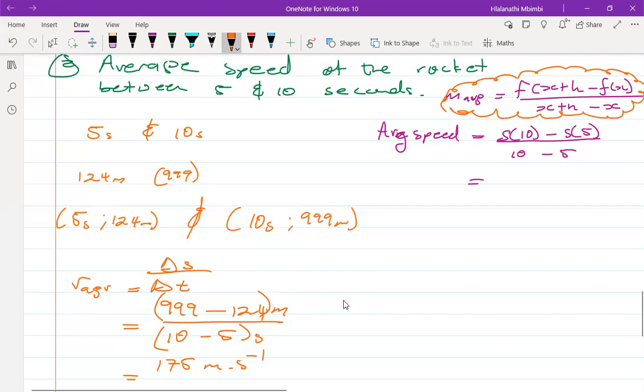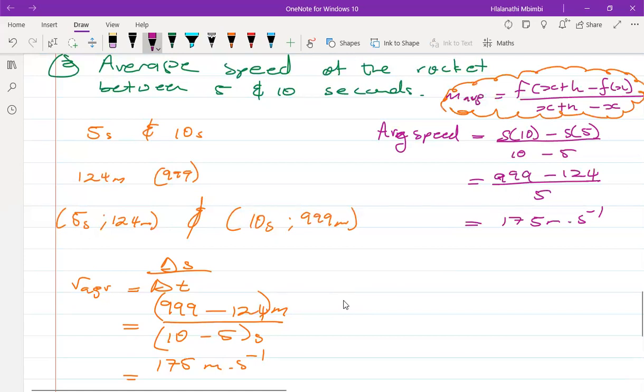Before the idea of taking the limit, you can use that intuition to come down to the same value: 999 minus 124, divided by 5, and that would give you 175 meters per second.